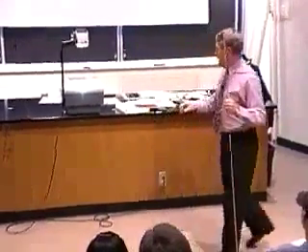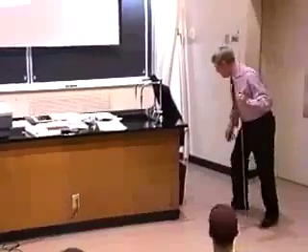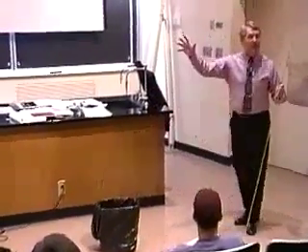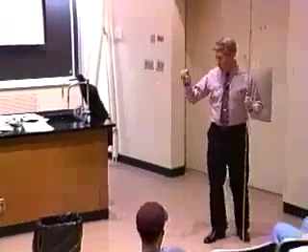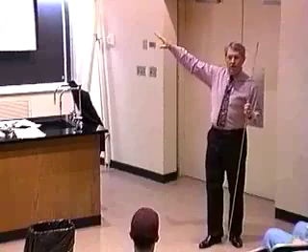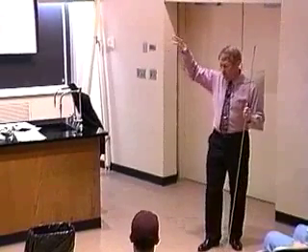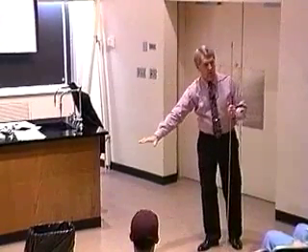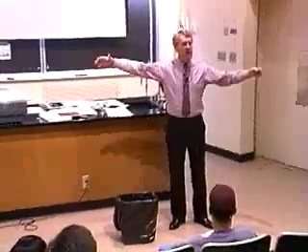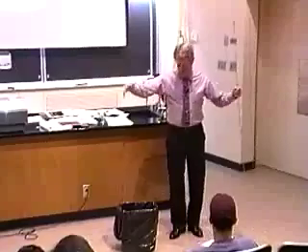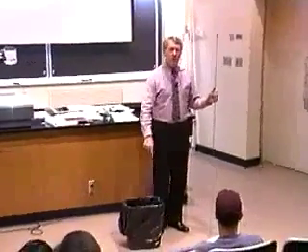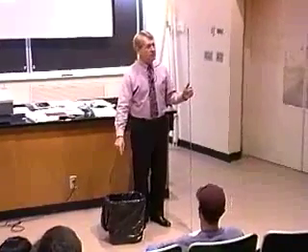Now, if I take that fire that's occurring here, and I have a carbon dioxide extinguisher and spray CO2, because CO2, carbon dioxide, is more dense, it will sink to the floor. When it sinks down, it pushes the air out of the way. And if we push the air out of the way, we're removing one of the things that's required for the fire to burn, which is the oxygen.